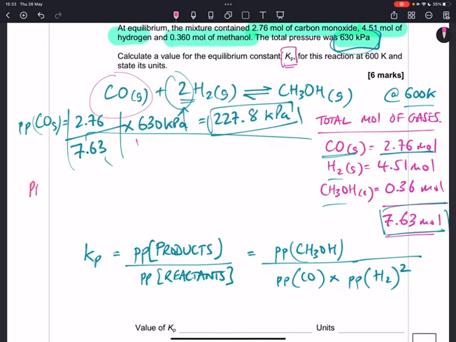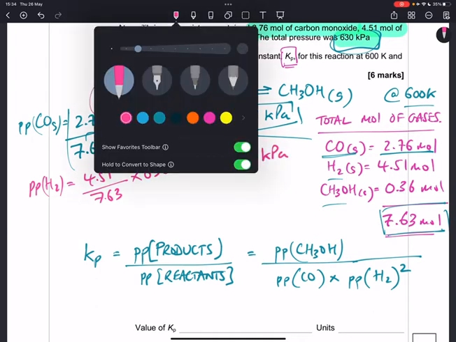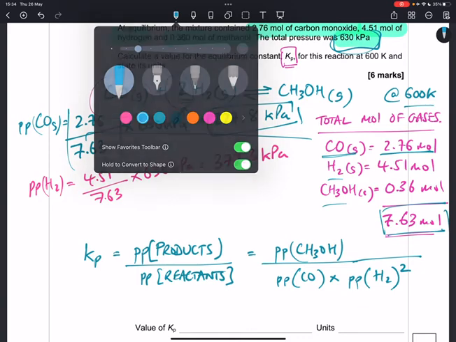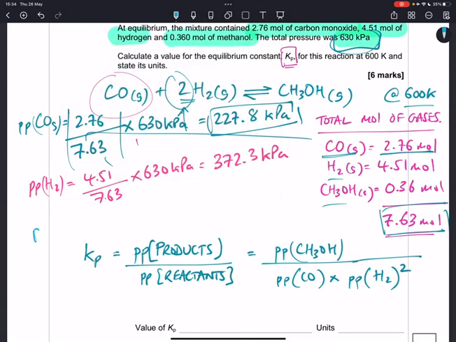And the partial pressure for hydrogen, same thing, is equal to 4.51 divided by 7.63 times 630 kilopascals. 4.51 divided by 7.63 times 630 equals 372.3. Go back to the other colour, I think. And we've got the partial pressure due to the methanol, much less.